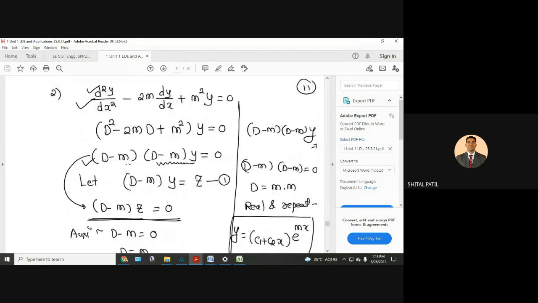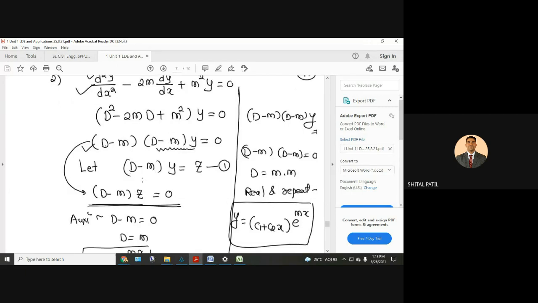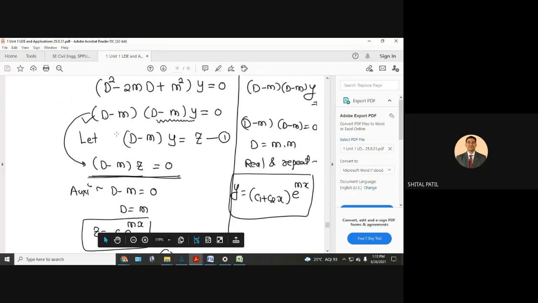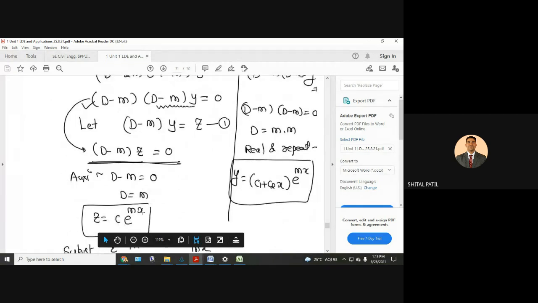Now whenever roots are repeated, see we have written it here, d minus m, d minus my, this is considered as z. Why? So that we'll be able to solve the second order differential equation by first order method. So then we solve this differential equation, d minus m z equal to 0, by the previous formula, d minus m equal to 0, d equal to m is the root.